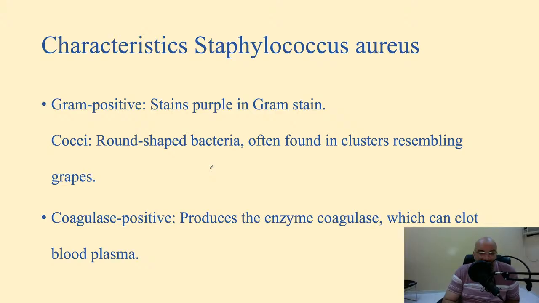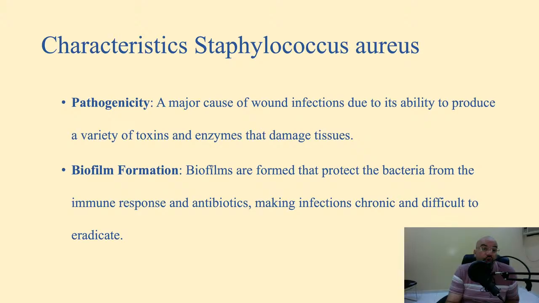Gram-positive, coagulase positive. That means they are able to destroy collagen. And this is the danger of Staphylococcus aureus in the wounds, which can clot the blood plasma and even destroy collagen in the wounds.